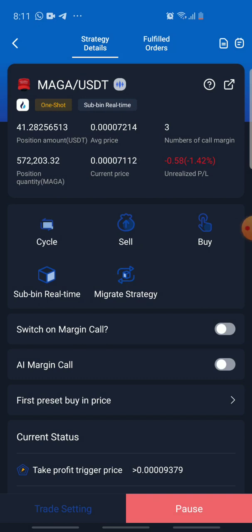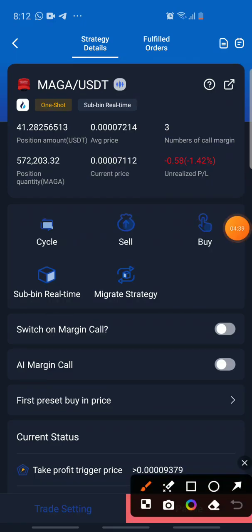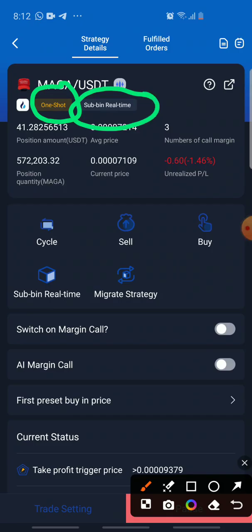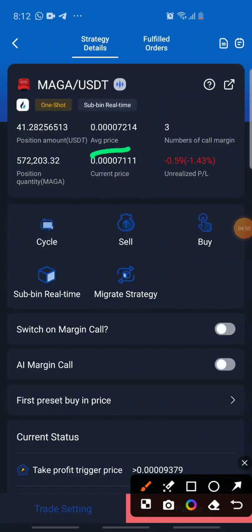This page contains a summary of settings, whereby you can still see it is in one shot, sub-in, real-time settlement. You can see the average price and position amount.